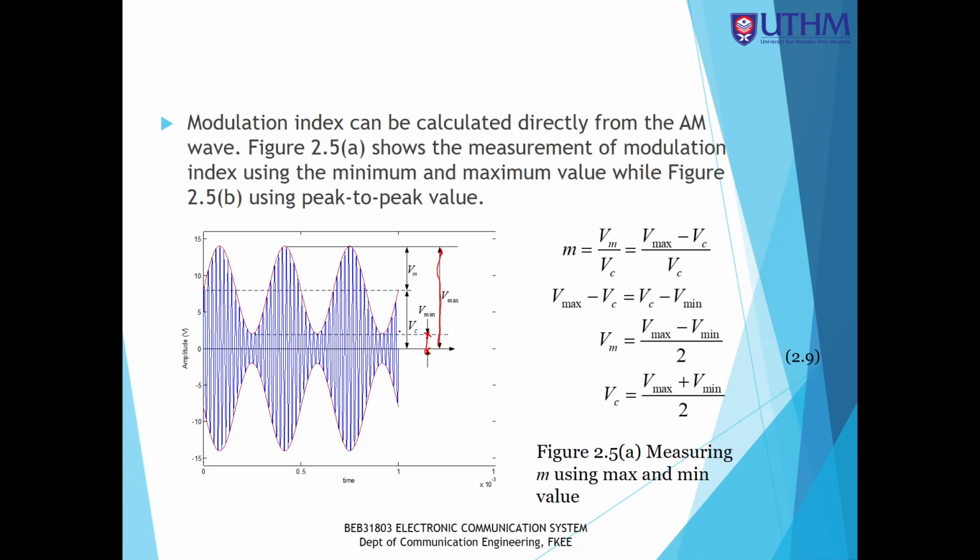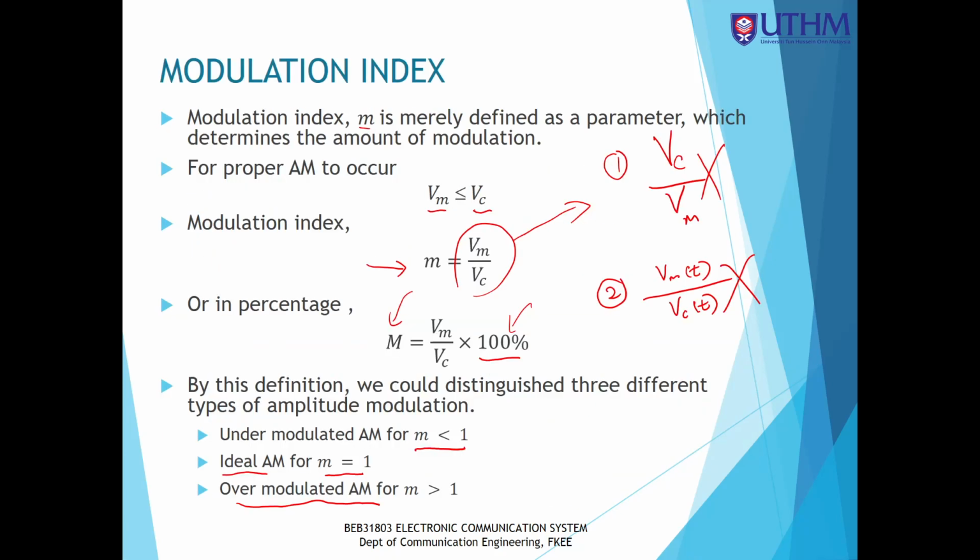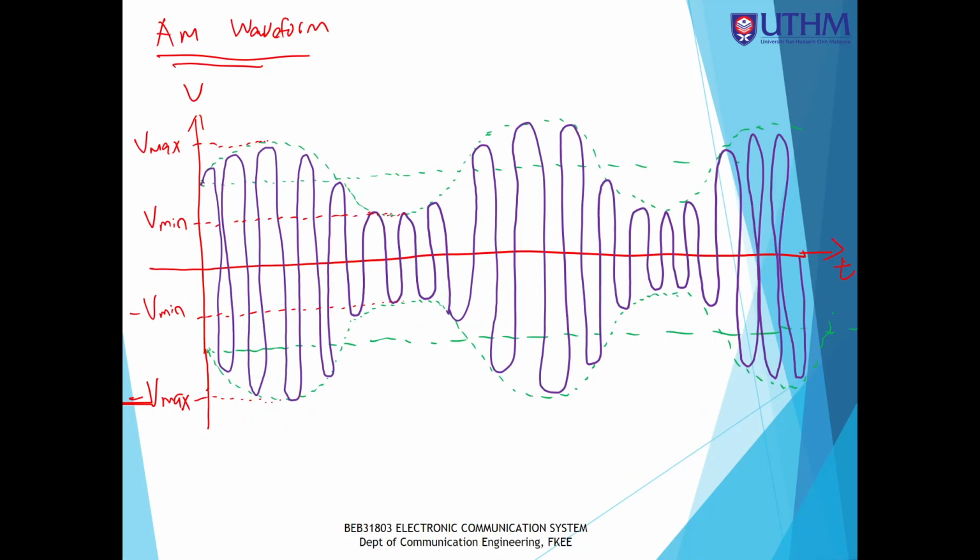The carrier voltage is from the x-axis until the reference line that I drew previously in my picture. If you remember this picture, the green color line is actually referring to Vc.